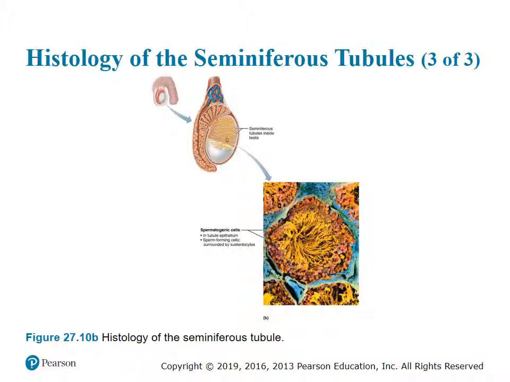You can see all these little dots represent the heads of the sperm, and then these little lines represent the tails of the sperm going into the lumen. And as the myoid cells, which surround this entire seminiferous tubule, squeeze, they push those sperm through the tubule.